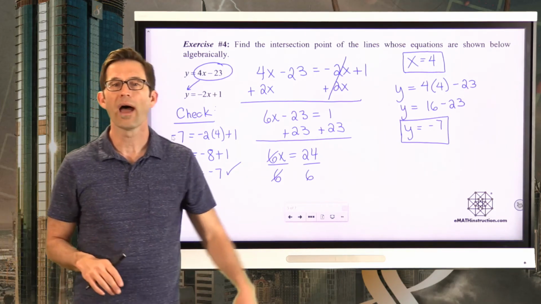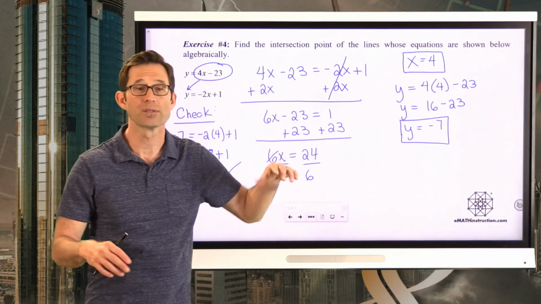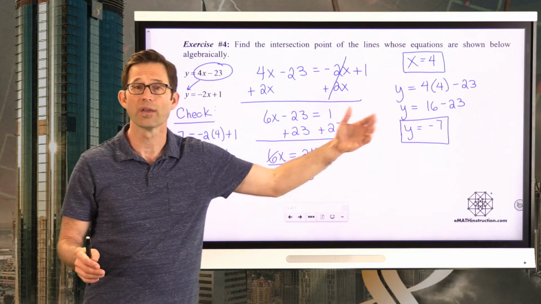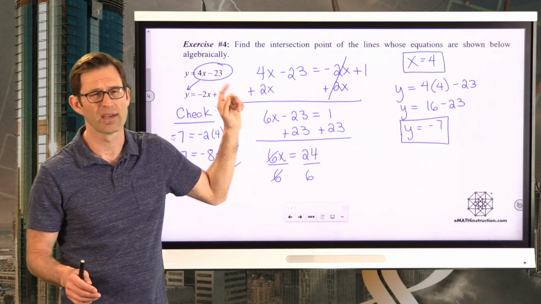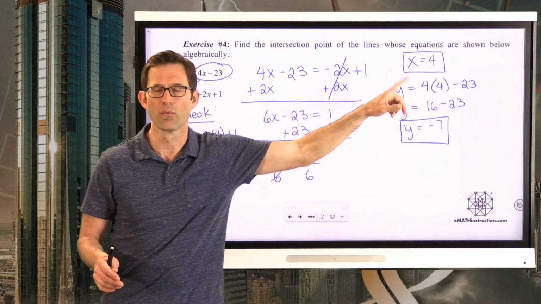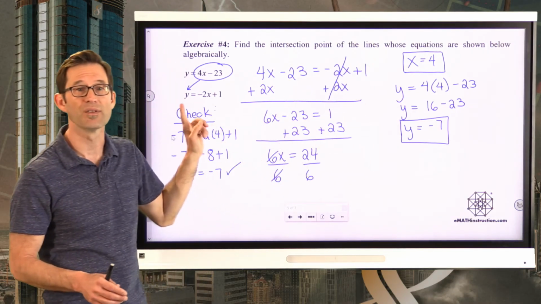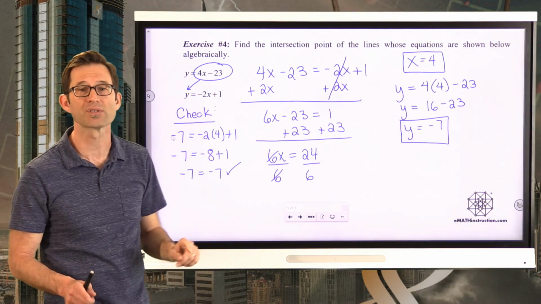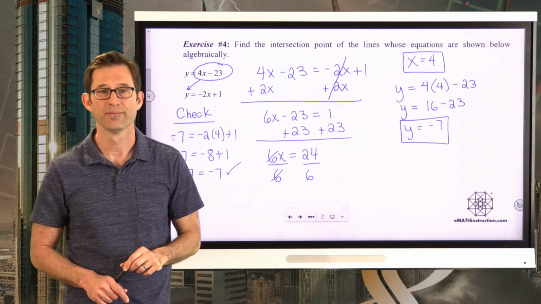Now, I wouldn't want to do a half check by taking these two and putting them into the first equation, because literally that's the equation I used to produce the y value after I knew the x value. That one's definitely going to check, unless I somehow botched the arithmetic right here. But by plugging these two values into the second one and seeing that it works, we can rest assured that this is a solution to the system.